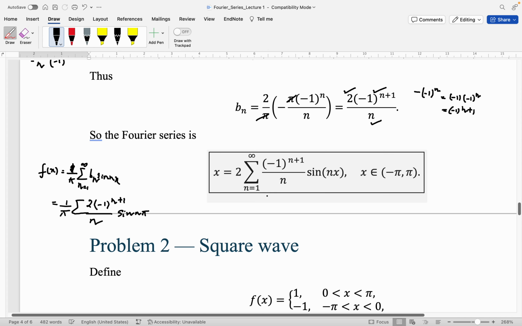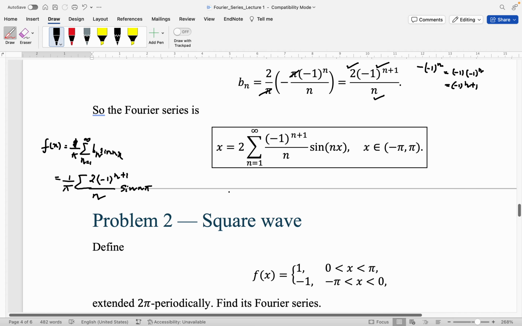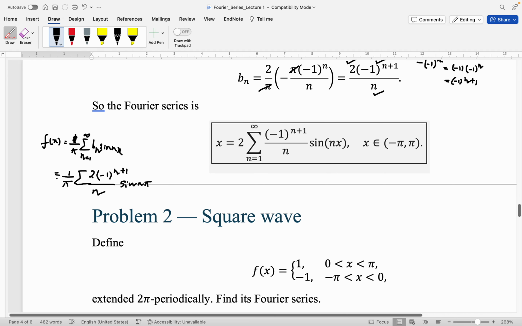There's some mistake, it seems. I think it has missed divided by pi here. This divided by pi should be there. So the final answer would be nothing but 2 will come out. So it would be 2 divided by pi summation of minus 1 to the power n plus 1 divided by n sine of nx. There should be a pi here.